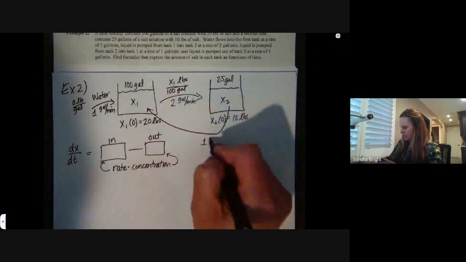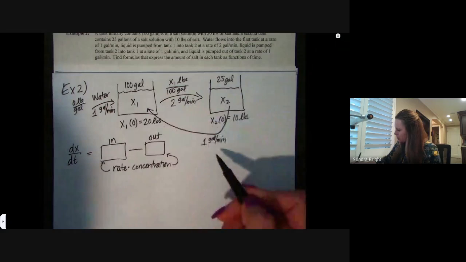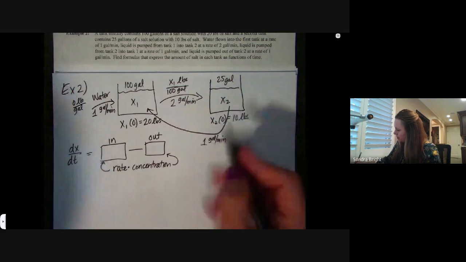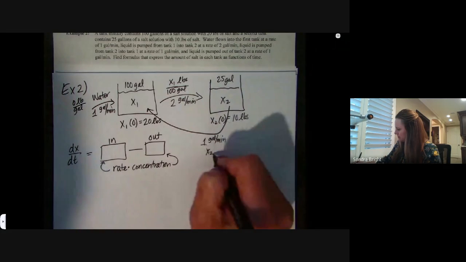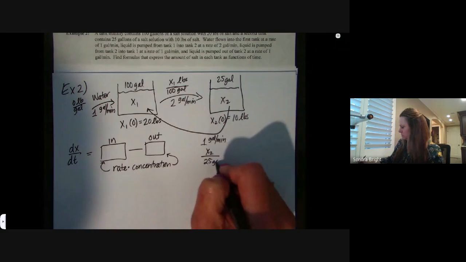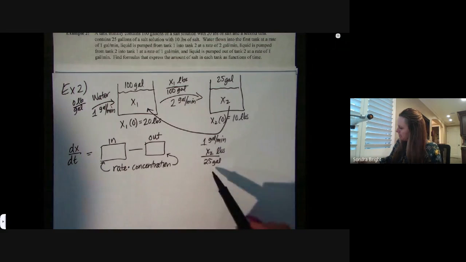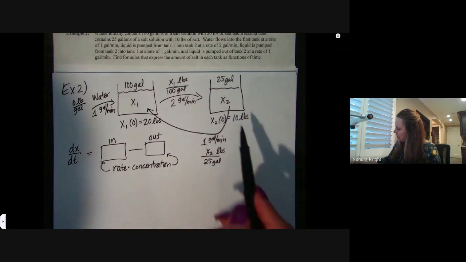And how much? Well, the concentration will be X2 over 25 gallons, so X2 pounds over 25 gallons. That's how much is being pumped from tank 2 into tank 1.